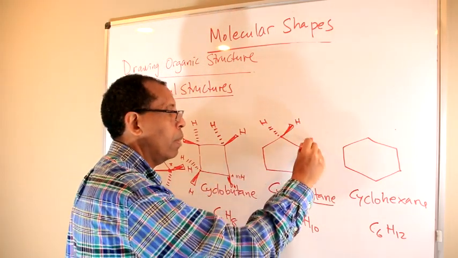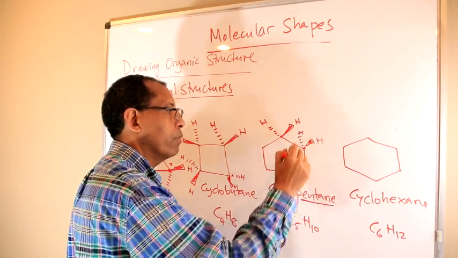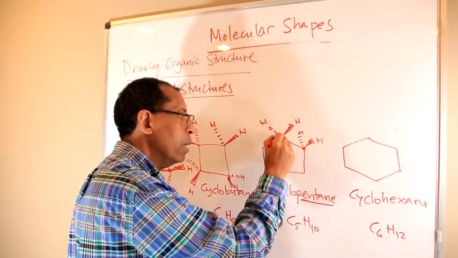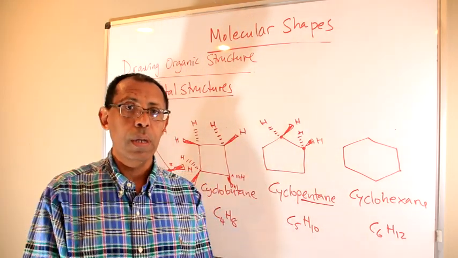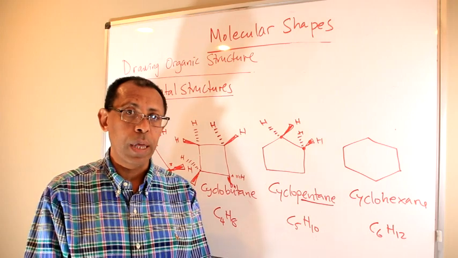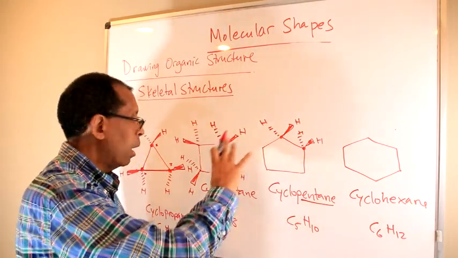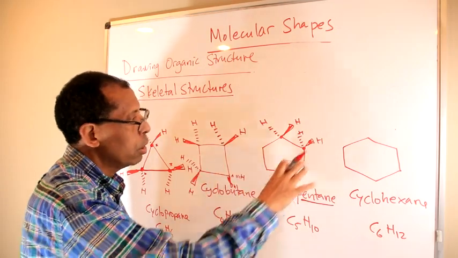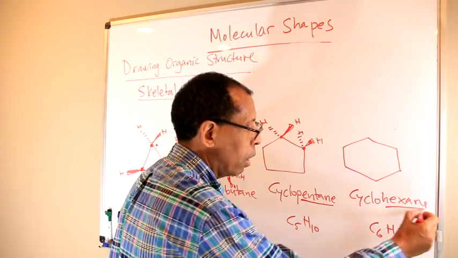Exactly here the same, hydrogen out of the plane of the board and into the plane of the board. So you should always keep the carbon with a tetrahedral configuration in organic compounds when they are making single bonds. As I continue my discussion, similarly there is cyclohexane, a more common compound as well.